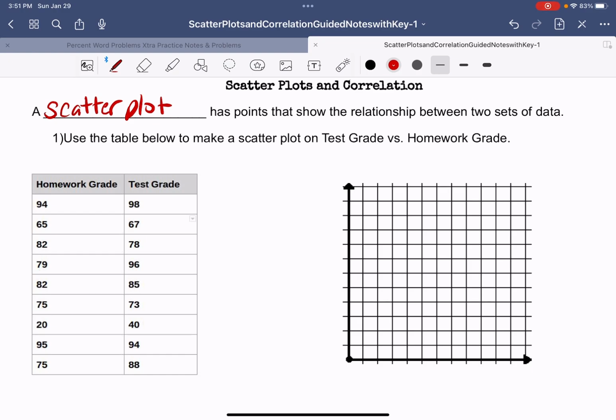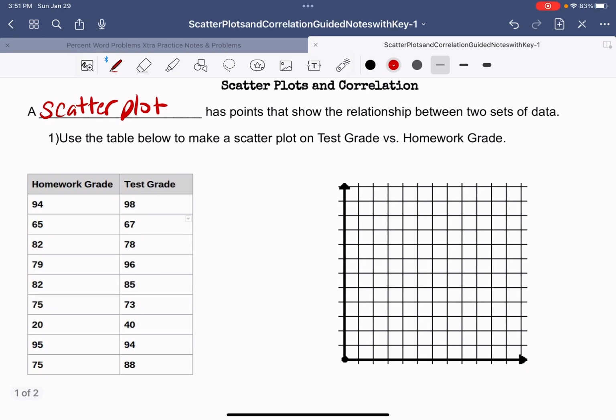Okay, so on this particular graph, I want you to label this our y-axis. This is going to be our test grade on this side. And then on our x-axis, we are going to have our homework grade. And I'm going to start out where this is 0, so 0, 0 at our origin. And every line is going to be worth 10-ish.